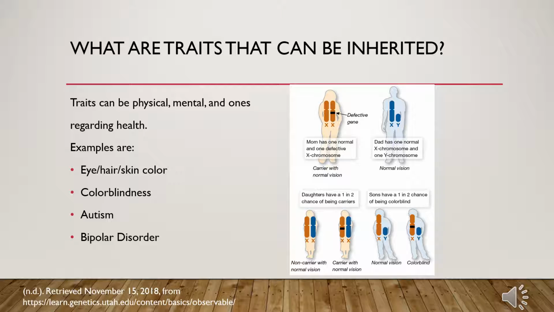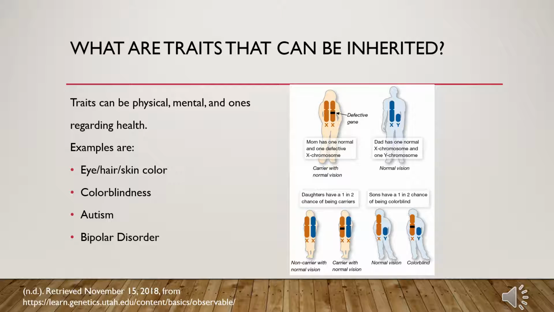And for mental traits, we can see bipolar disorder, schizophrenia, autism. And for health traits, we can see, does obesity run in your family? Does cancer run in your family? Does diabetes run in your family? And so many more.